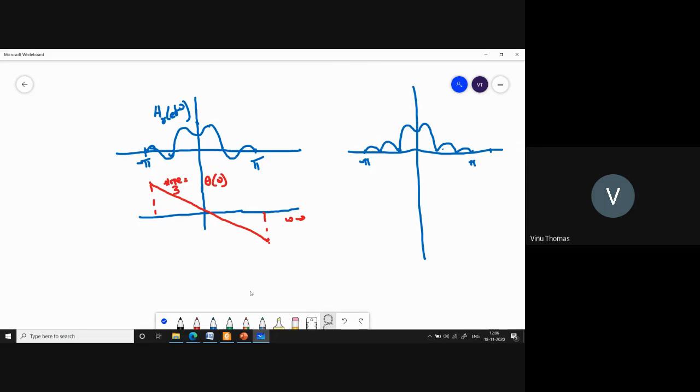So first of all, I will mark the phase angle corresponding to the magnitude response, and then to that I will add the linear phase because of the shift.